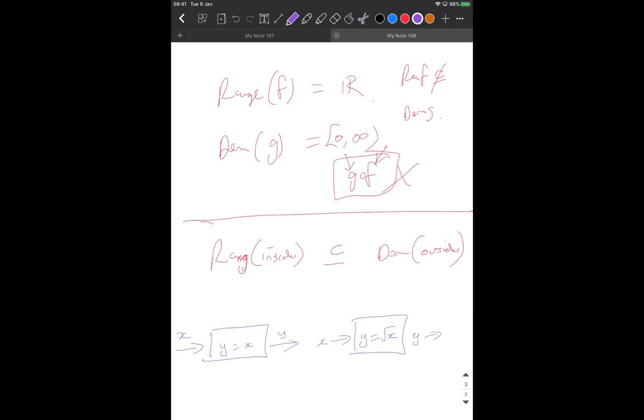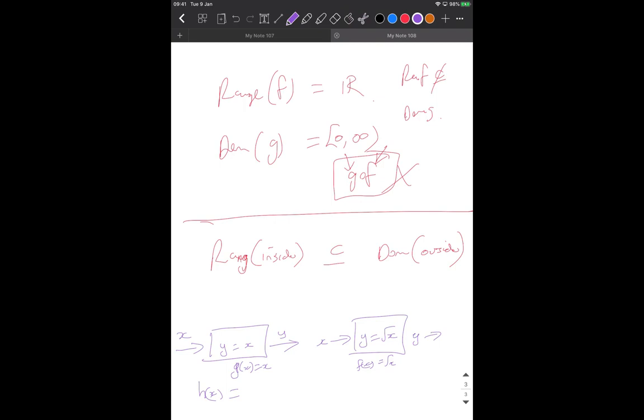So this is, in other words, let's use h of x equals, so we've got f, no, that was g of x equaling x, f of x equaling root x.